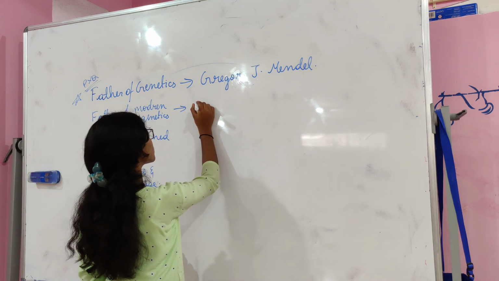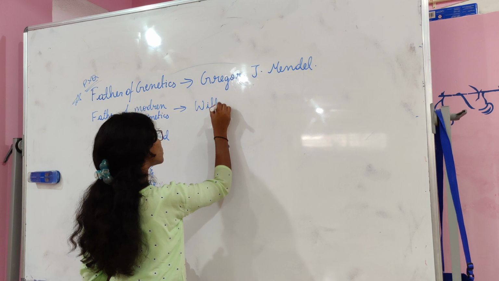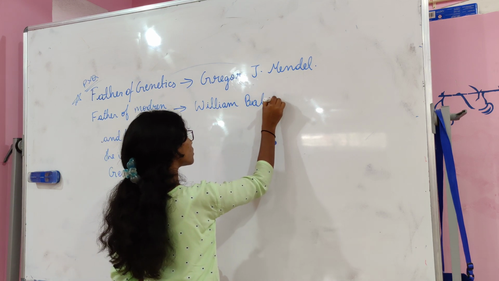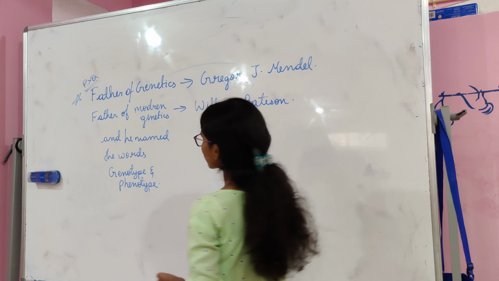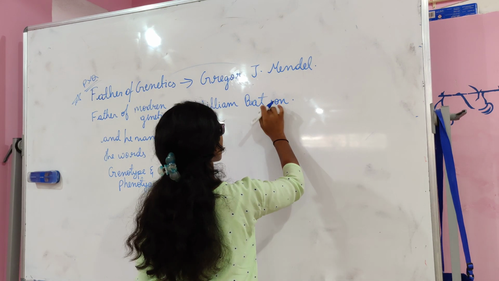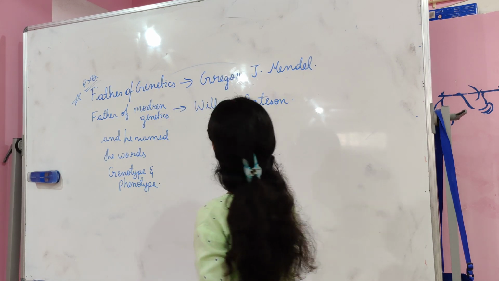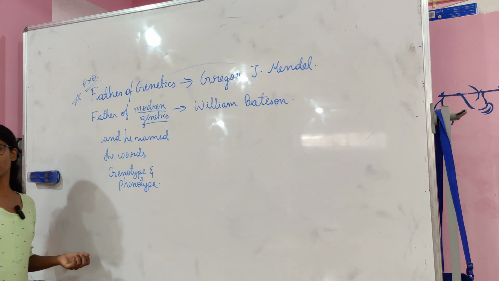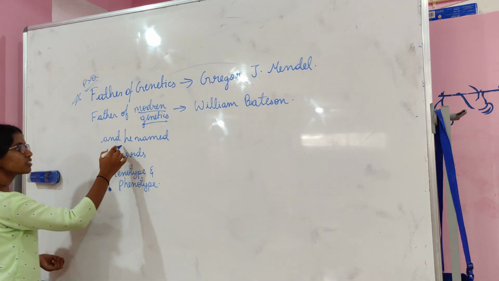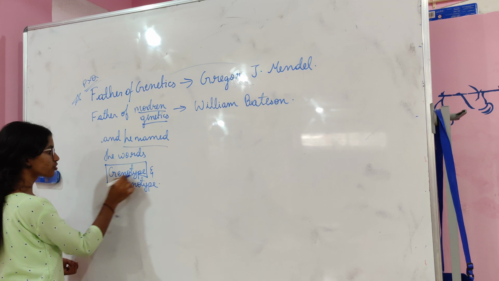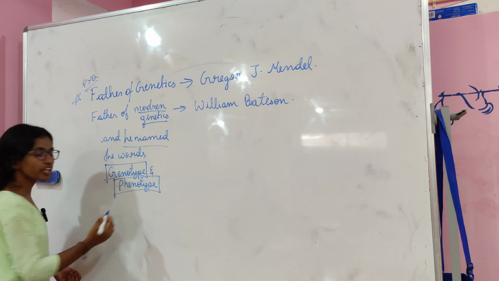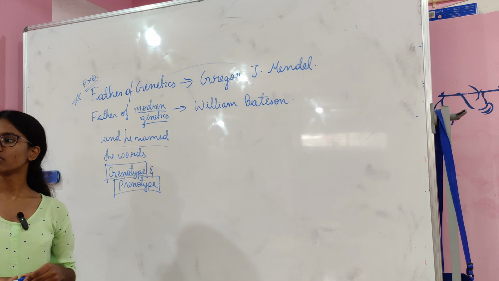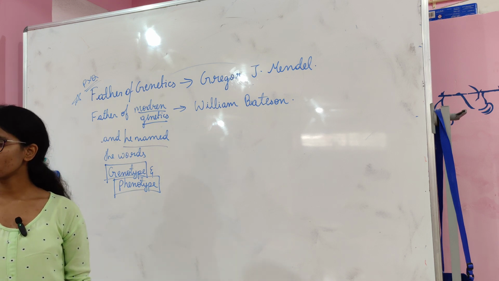Modern genetics is William Dixon. So he's the father of modern genetics, and he named the words called genotype and phenotype. And yesterday you had written in your book that Fleming, you had written something wrong. I circled it.